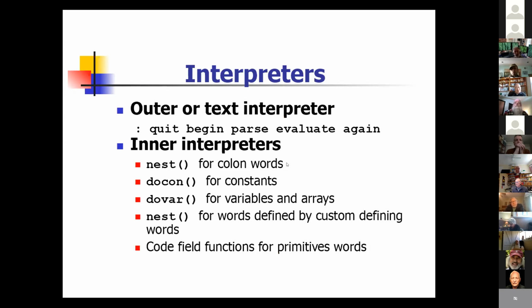For colon words, we have nest. For constants, we have do const. For variables and arrays, we have do var. All the words defined by custom defining words also have nest in their code field. And for all the primitive words, the code field just contains their primitive function.